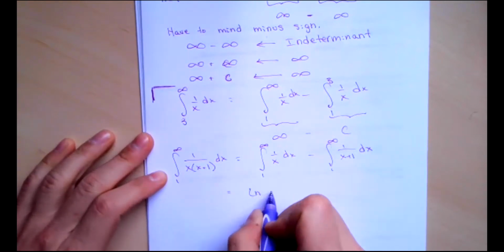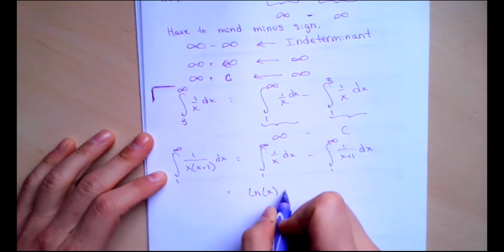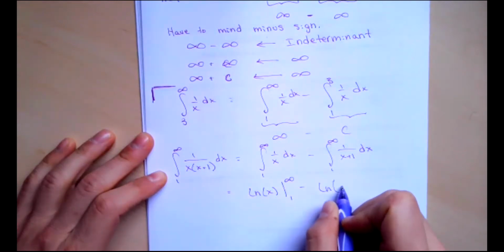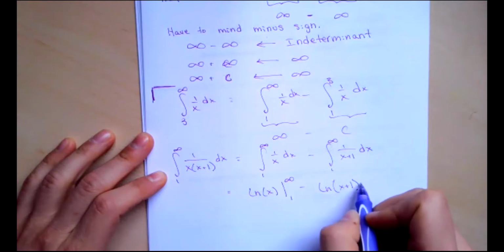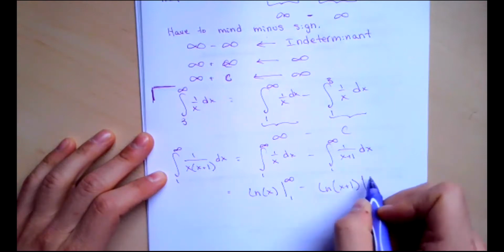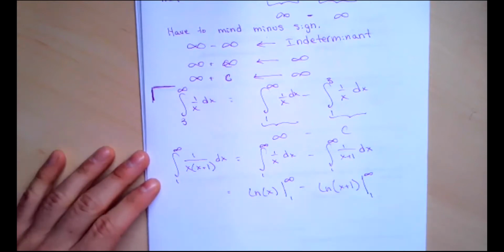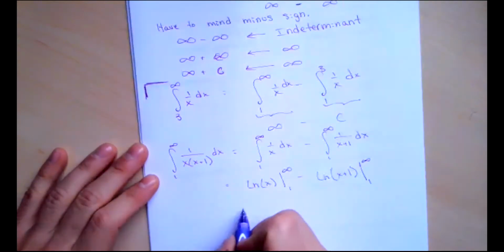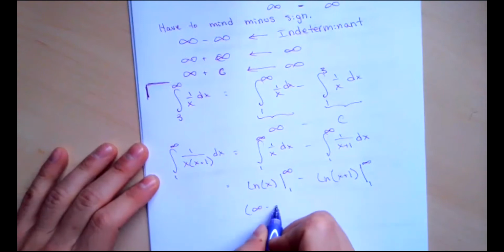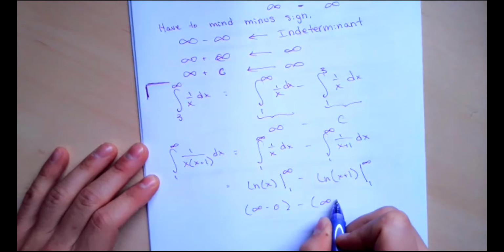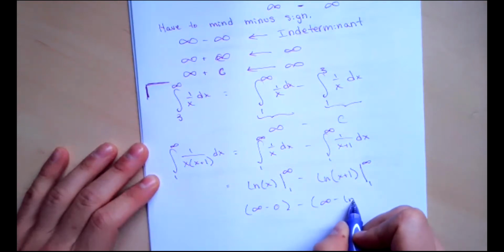So we get natural log of x from 1 to infinity minus natural log of x plus 1 from 1 to infinity. And what happens if we try to plug this in? We'll get infinity minus 0 minus infinity minus natural log of 2.